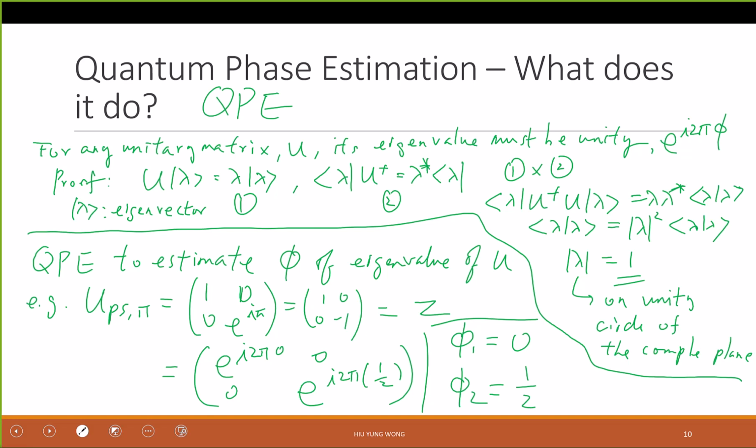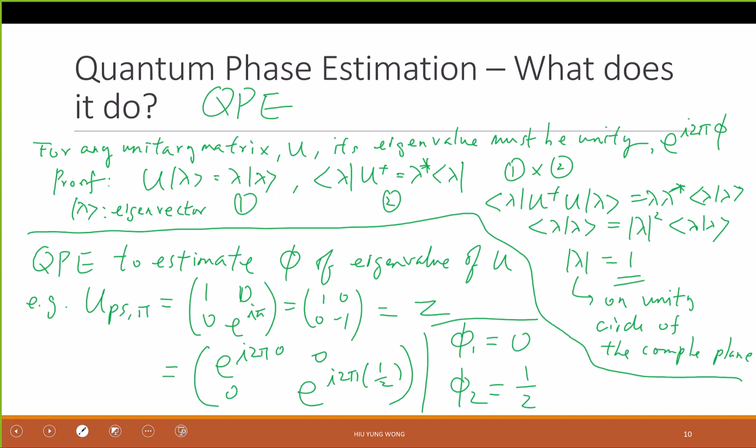How many eigenvalues do we have for an n-dimensional space? Just n, right? Because when you diagonalize it, all the diagonal elements are the eigenvalues. So you have n of them, and I can find the n phases of the eigenvalues.